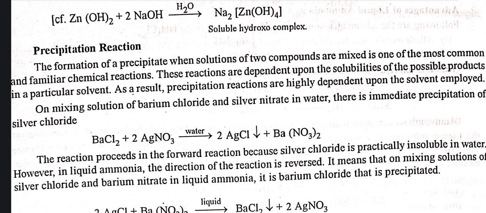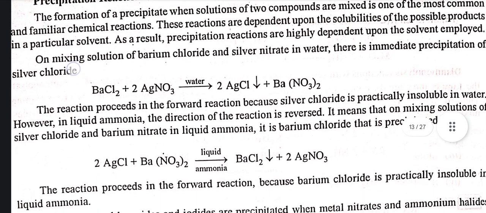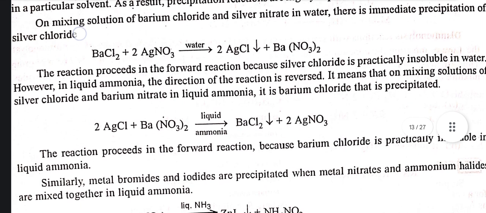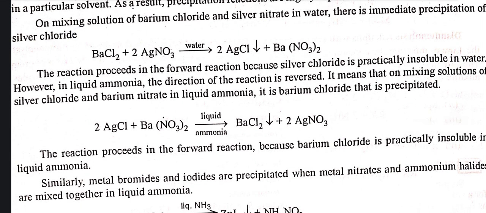On mixing solutions of barium chloride and silver nitrate in water, there is immediate precipitation of silver chloride. The reaction proceeds in the forward direction because silver chloride is practically insoluble in water. However, in liquid ammonia, the direction of the reaction is reversed.